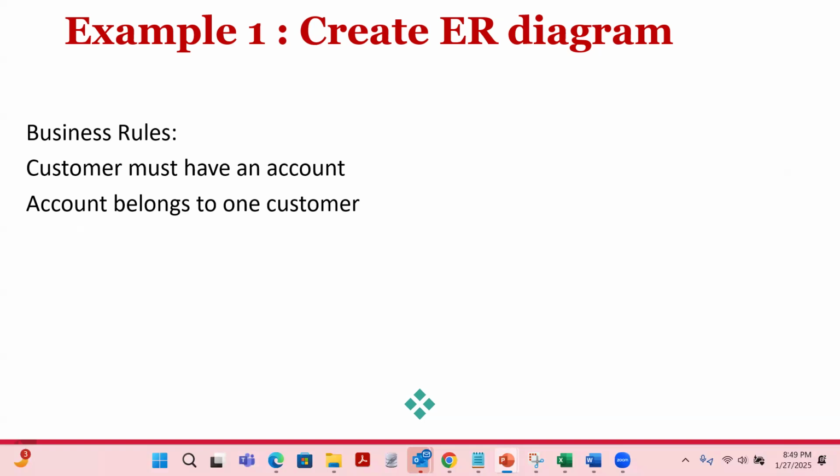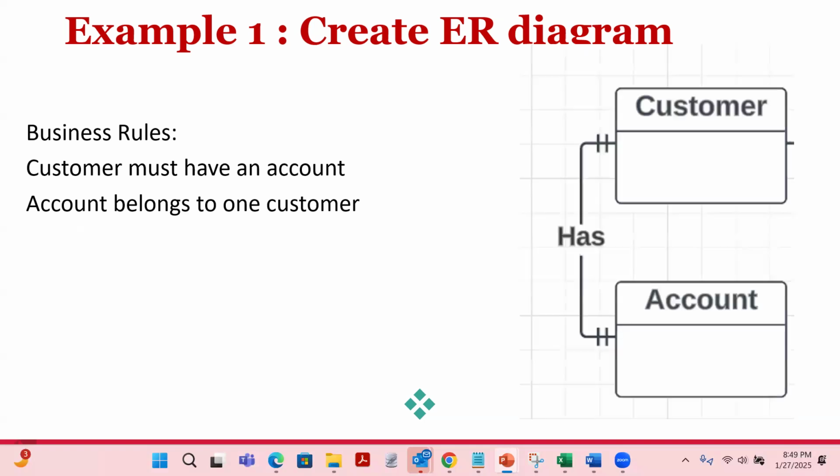All right. So customer must have an account. Based on an analysis similar to the previous example, we have probably two entities here, customer and account, right? We also know that customer must have an account, so customer and account is a one-to-one relationship.